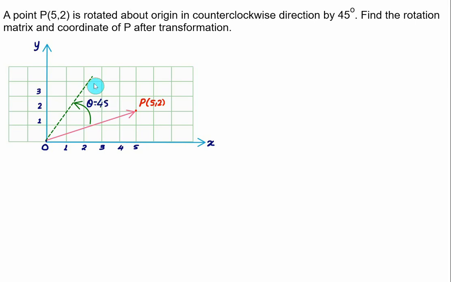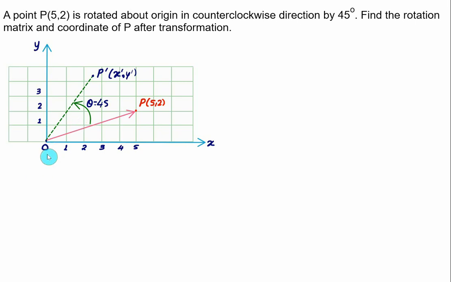We are interested to know the coordinate of point P prime, that is the value of x prime and y prime, as well as the rotation matrix. Since the rotation is carried out about the origin, no translation is required, only the rotation matrix.